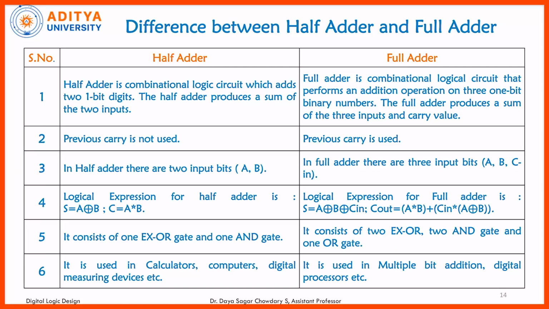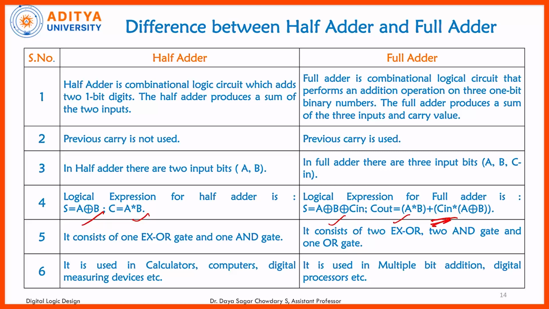In a full adder there are three input bits, A, B, C. In the half adder, sum is equal to A XOR B and carry is equal to A into B. In the full adder, sum is equal to A XOR B XOR C in, and C out, that is the carry output, is A XOR B into C in, plus A into B. By taking the common values we will get this equation.